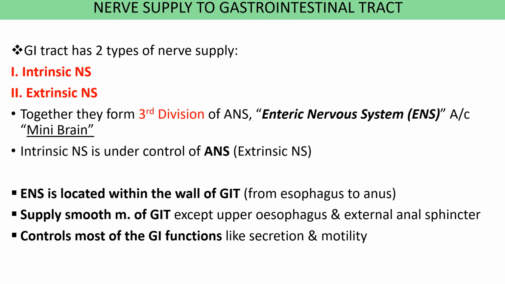There is an exception: all the smooth muscles of the GIT are supplied by the enteric nervous system, except the upper one third of the esophagus and the external anal sphincter, because these two parts are supplied by somatic nerves since they are made up of skeletal muscles.